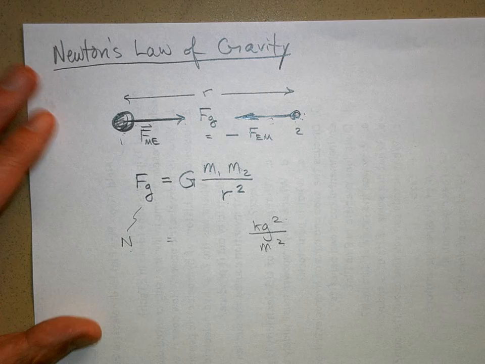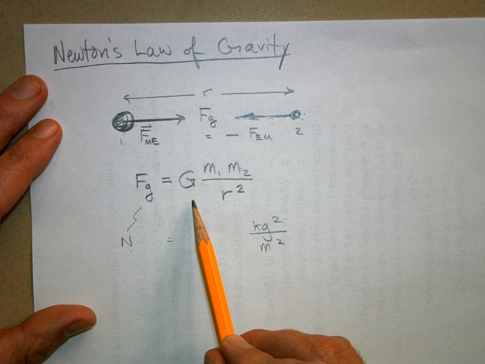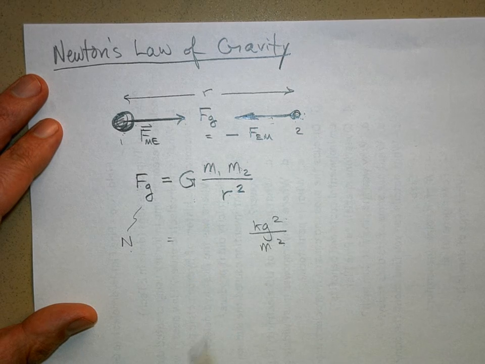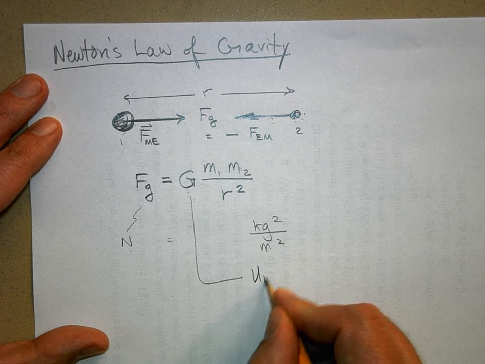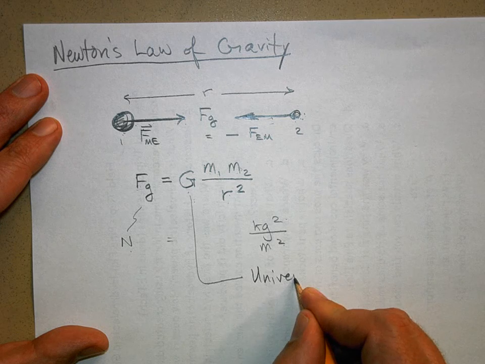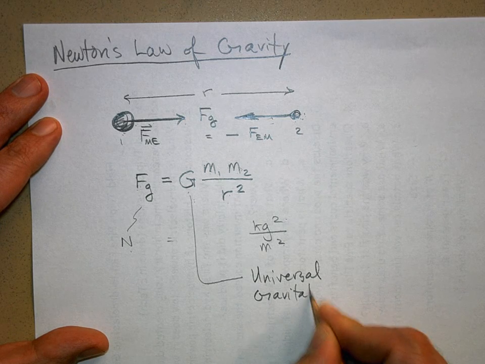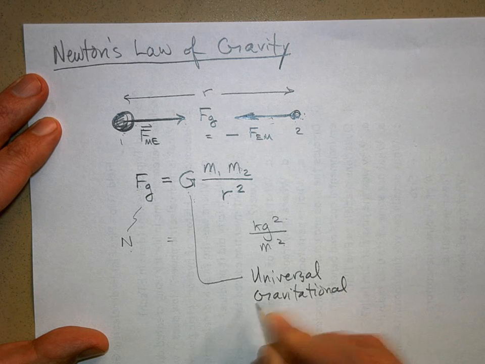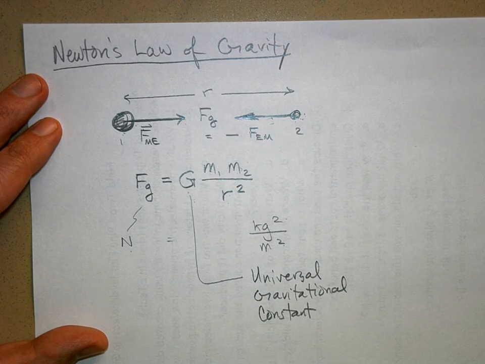Okay, big G. This is the universal gravitational constant. Newton did not know what it was.